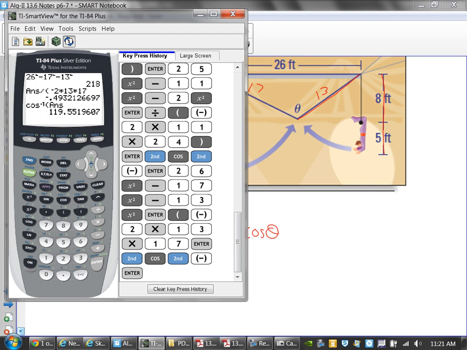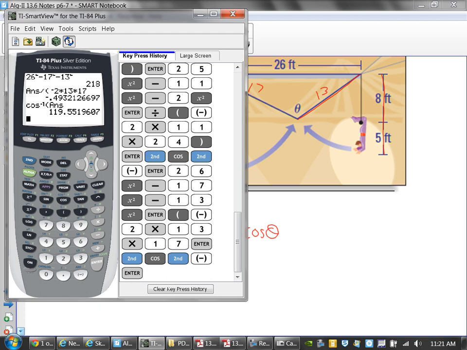What else we got? You guys do okay when you had all 3 side lengths, and you just had to find the angles? Were you all right on that? Yes. Okay.